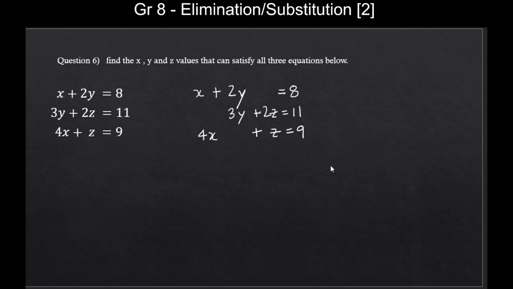So it's like each equation was supposed to have all these three variables, but they ended up missing one variable like this. And as usual, I'm going to call these equations equation A, equation B, and equation C.